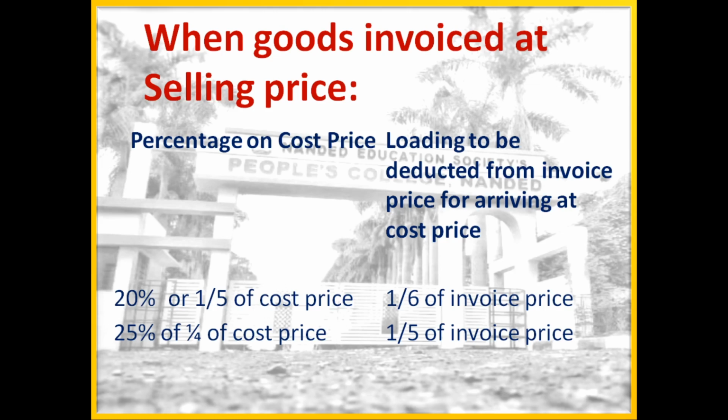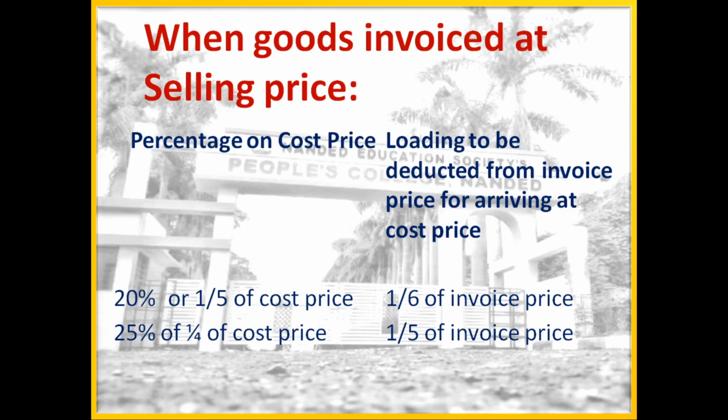Number 3, loading in goods sent is shown on the credit side of branch account as goods sent to branch account. Number 4, loading in goods return is shown on the debit side of the branch account as goods sent to branch account. Yes, you are listening correctly. Both sides show goods sent to branch account.